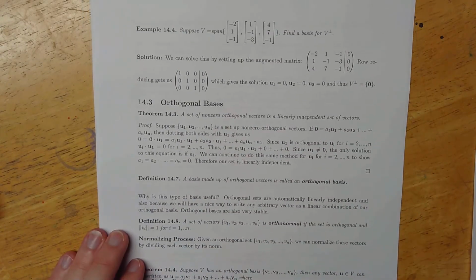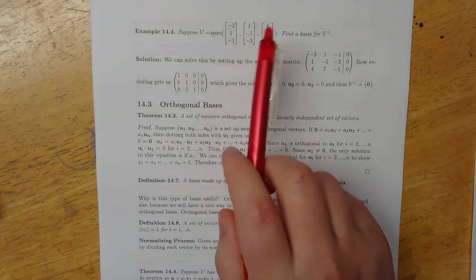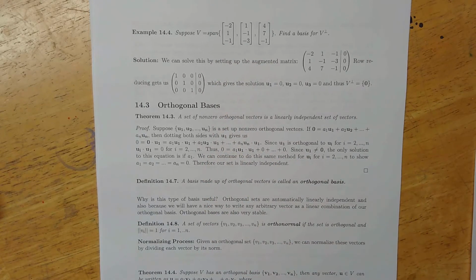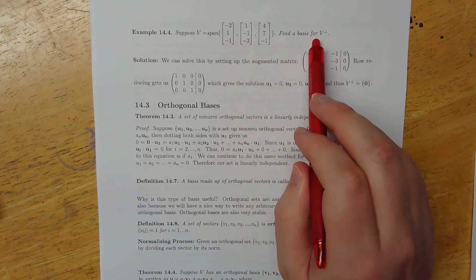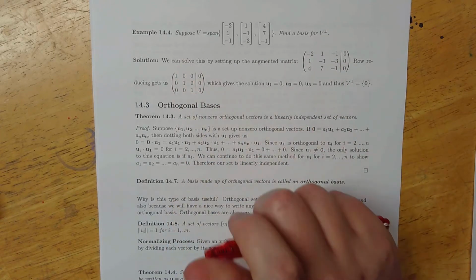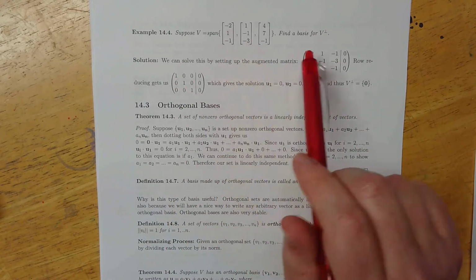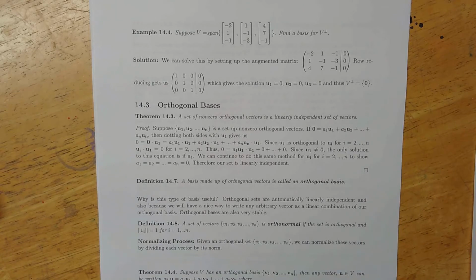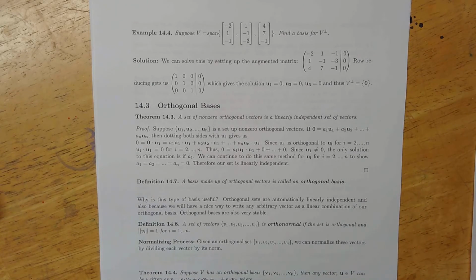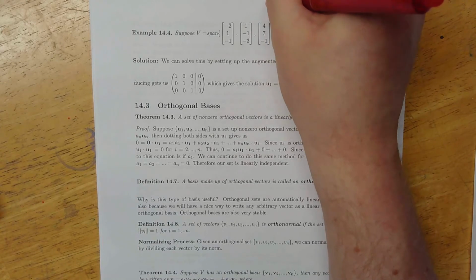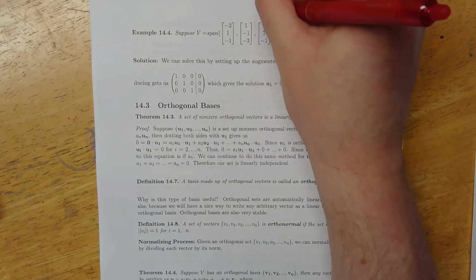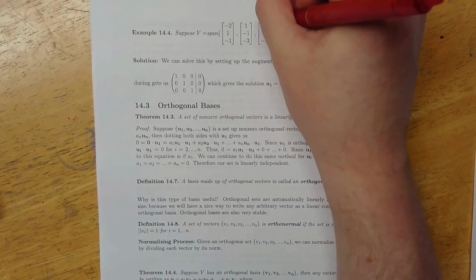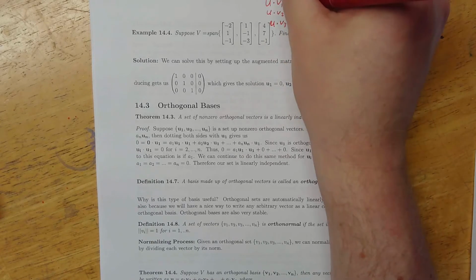So say we wanted to find a basis for a different set here. Say we had the span of this set, and we want to find the basis for vperp. We could solve this by setting up the augmented matrix where we have each of these vectors as rows instead. So we could go through the same process we did on the previous page, where we took u dotted with v1 equals 0, u dotted with v2 equals 0, and u dotted with v3 equals 0.